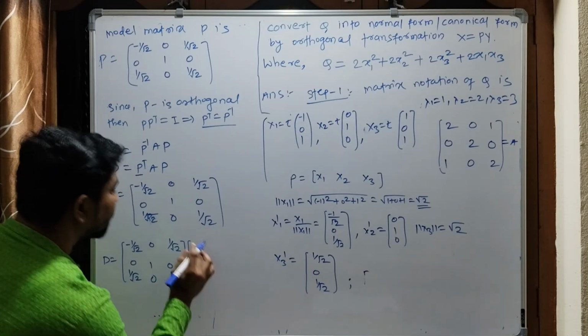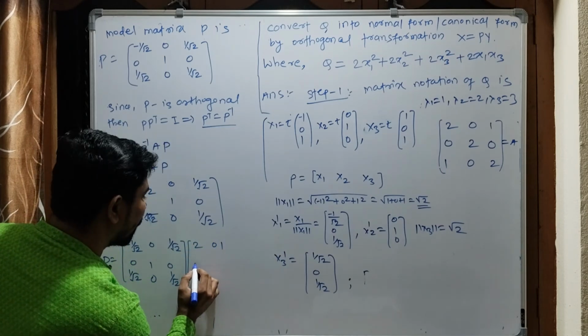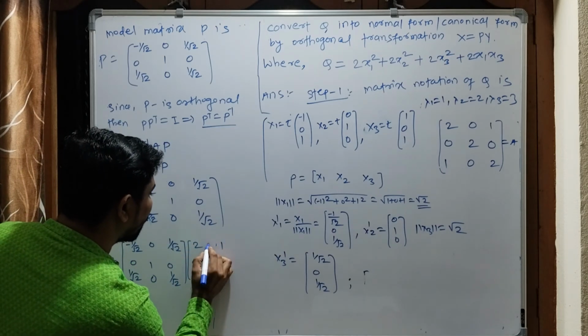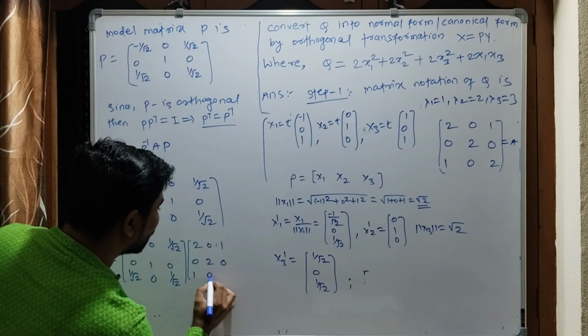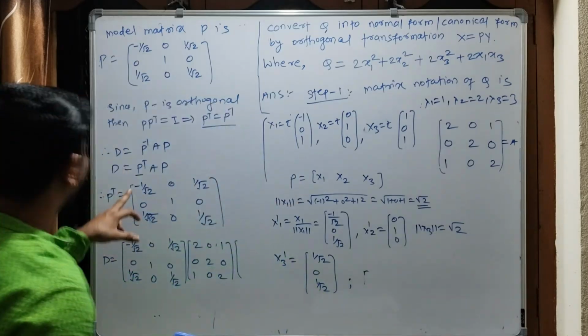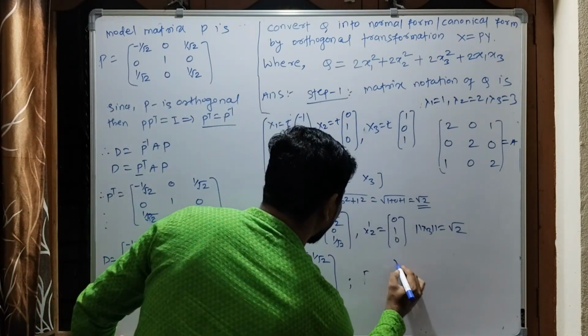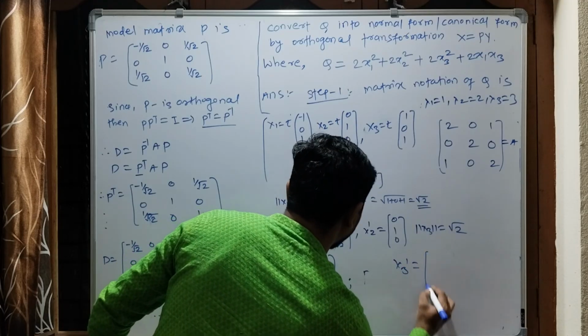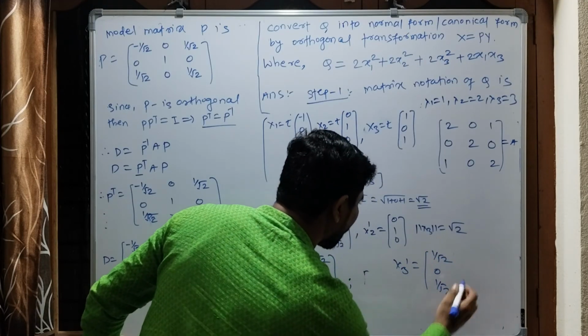Now write the A matrix here. A is the given matrix: 2 0 1, 0 2 0, 1 0 2, and here the P matrix. D equal to P transpose AP. So here I will write this P, 1 by root 2, 0, 1 by root 2.